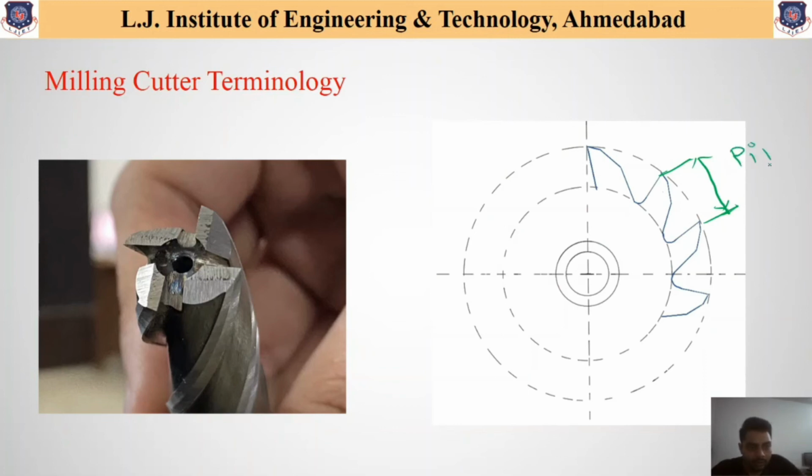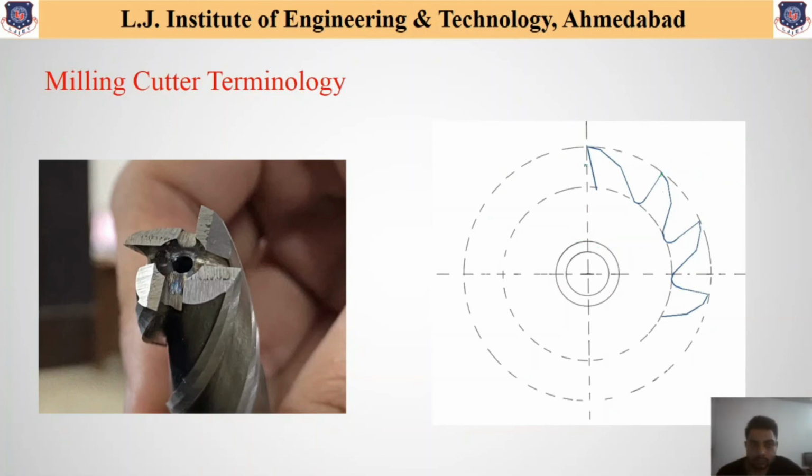In this internal section, keyways are often provided to mount the cutter on a particular shaft for machining operation. If this type of shape is shown over here, it is called the keyway, which is provided for proper fixing on the shaft. These are the last important terminologies from a milling cutter point of view.